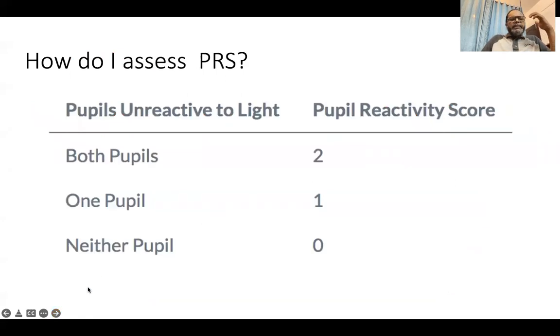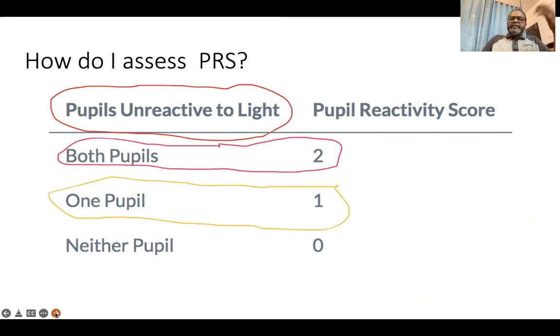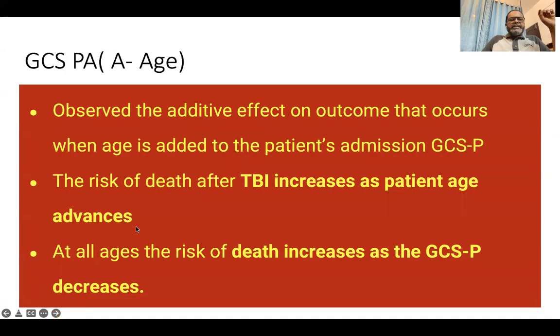You look at the unreactiveness of the pupils to light. If both pupils are unreactive, you give a score of 2. If only one pupil is unreactive, you give a score of 1. If both pupils are reactive, you give a score of 0. This is how you calculate the GCS-P.